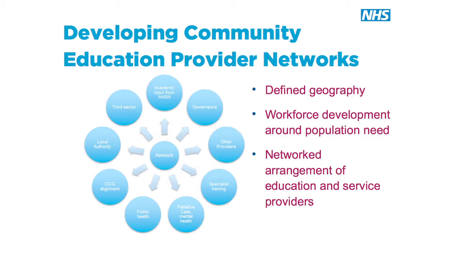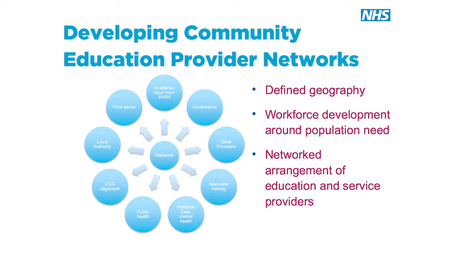And the next one. And this is the notion of the network in itself. What does the network involve? It involves those things. Now, the network may be piggybacked on existing networks, for example, federations of GPs. That's just one of the building blocks, but it could be based on other pre-existing networks in a particular borough boundary.